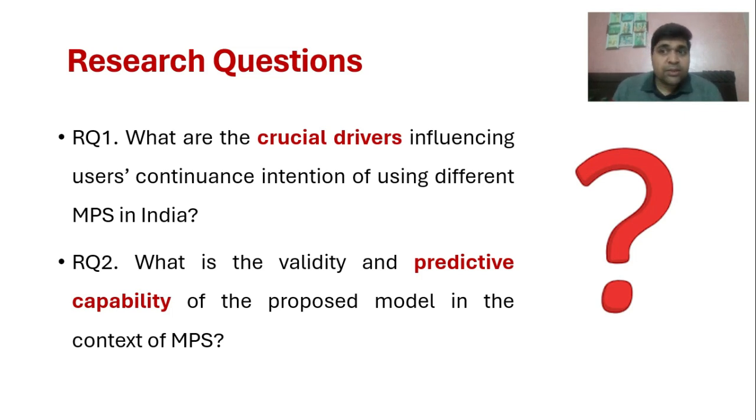We list them and then we test them. If they are not significant, they're not the crucial drivers. This is what my first question is. And second is, what is the validity and predictive capability of the proposed model? So first I identify the variables, then I see whether those variables significantly affect the dependent variable or not.